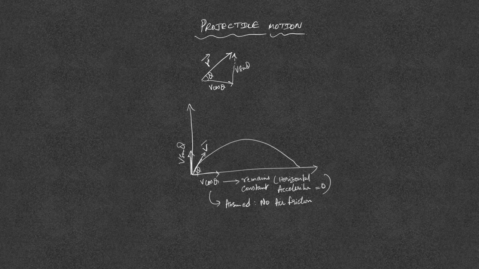Whereas the vertical velocity keeps on changing. Okay. So when you start throwing, the vertical velocity will keep on reducing, and at the very top, the vertical velocity is 0. So here Vy is 0. Okay. Whereas the horizontal always remains as Vx always remains as v cos theta.